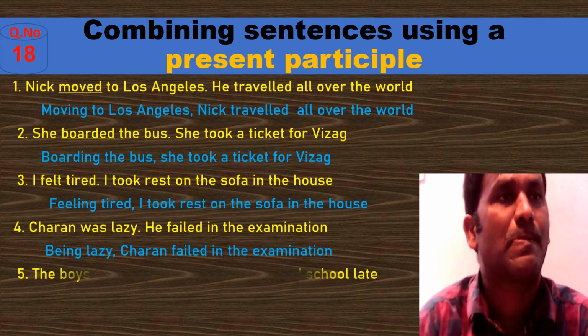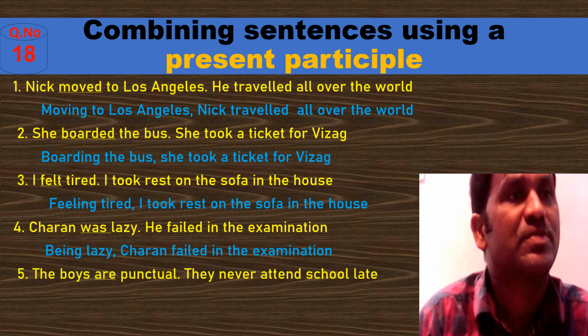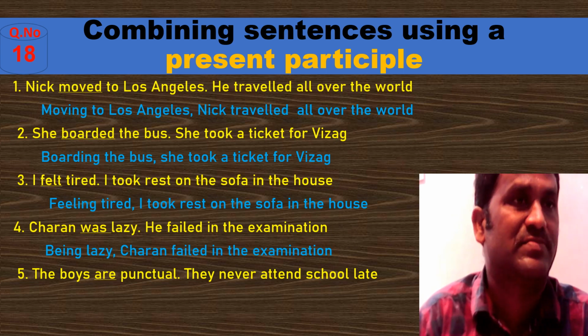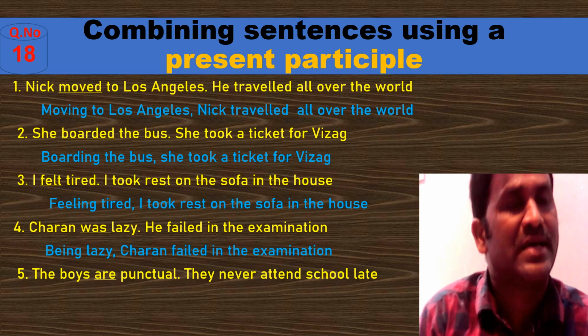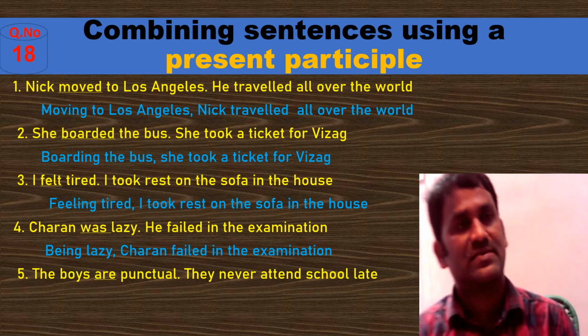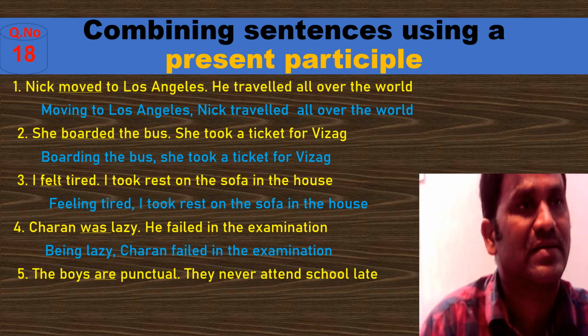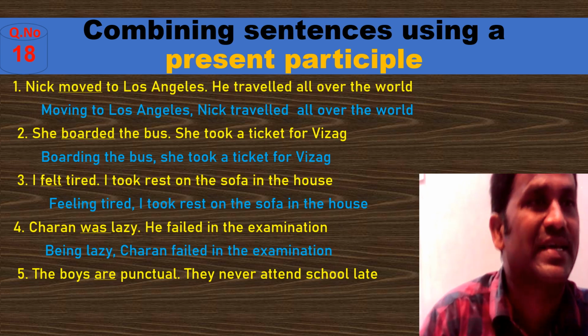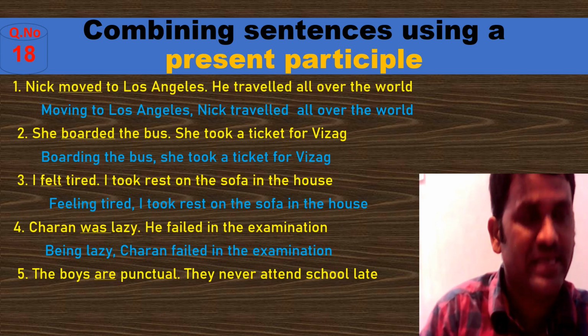Let us see the next one. The boys are punctual, they never attend school late. The boys are punctual. Here also we have no main verb, only helping verb is there. What is helping verb? Are. We can't say aring, so we can say being again. I told you already, is, am, are.